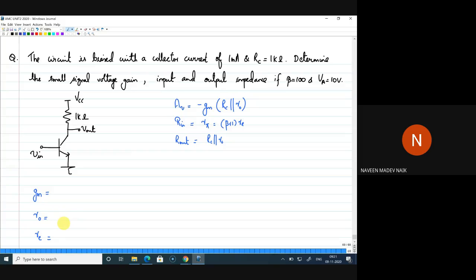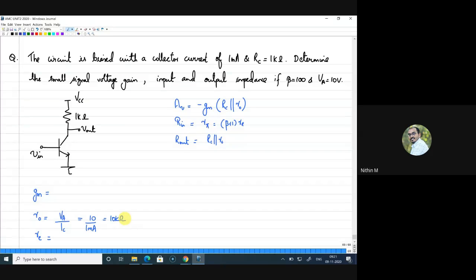What is that IC dash? IC dash is the collector current. It is IC itself actually. What we have written is the collector current itself. So I can find R0 here as 10 by 1 milliamp, so that is equal to 10K, right?